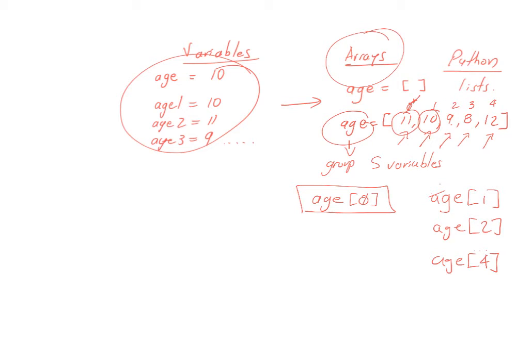And then you have 1, 2, 3, 4. So if I have 5 elements, I'm going to move from 0 to 4. If I have 10 elements, then I'm going to be moving from 0 to 9, right?